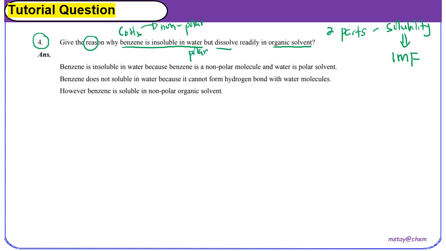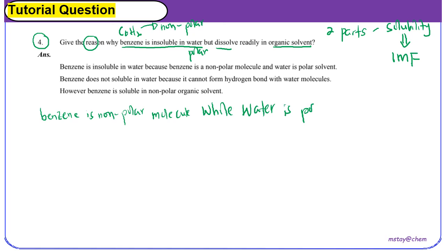So non-polar and polar molecules will have different intermolecular forces. So you may mention that benzene is a non-polar molecule, while water is a polar molecule.